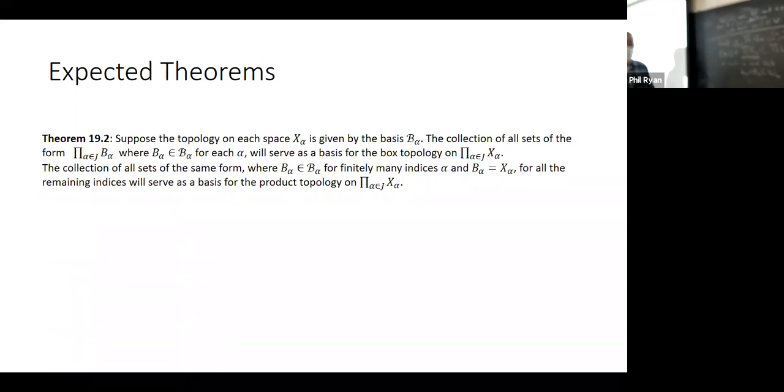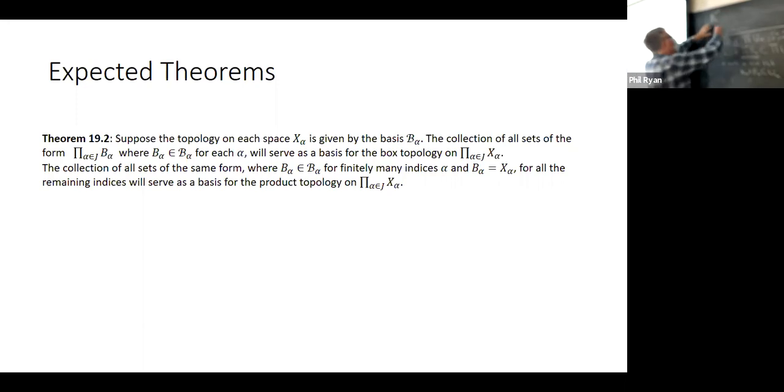So this is a useful theorem. For example, if we consider returning now to finite products, just consider R^n. What's going to be a topology for this? Well, according to this theorem, all we've got to do is use a basis for each component. Each component is just R, and a basis in R is just the open intervals.